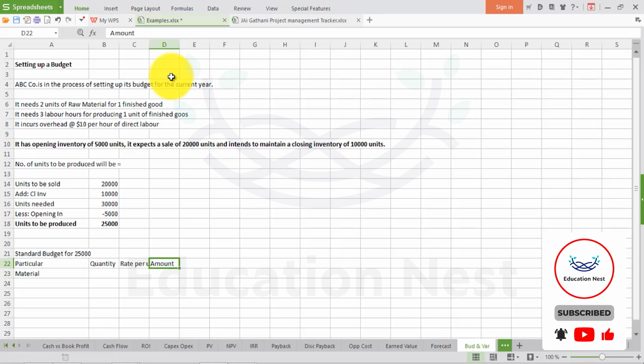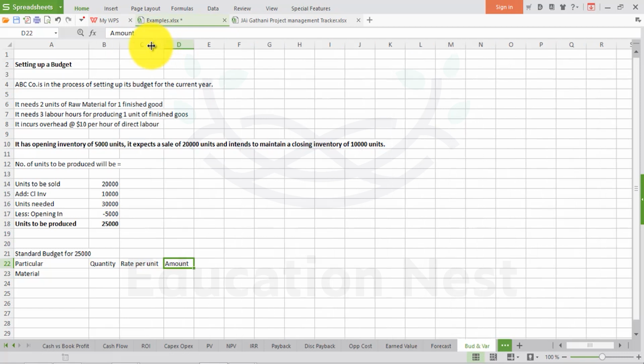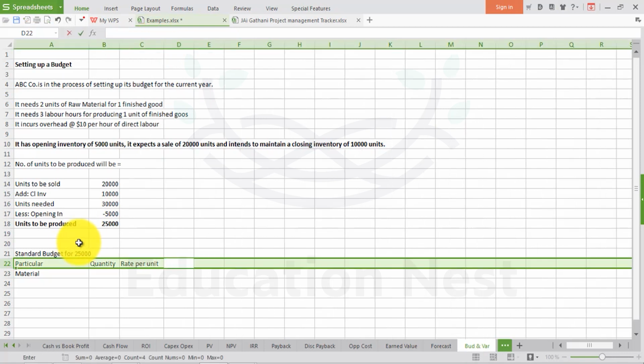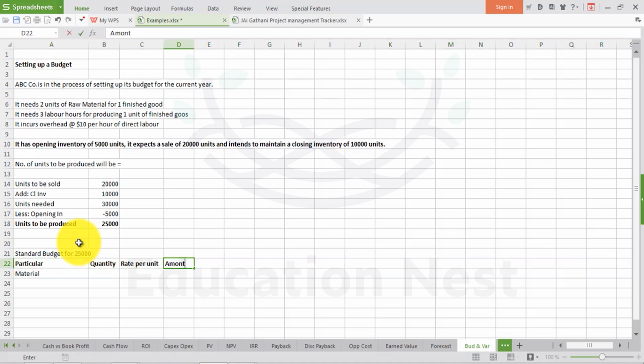That is quantity multiplied by rate. For materials, we need 2 units at, let's say, $5 per unit. So it's 2 times $5, that's going to be $10.